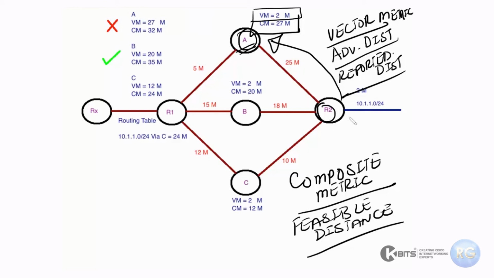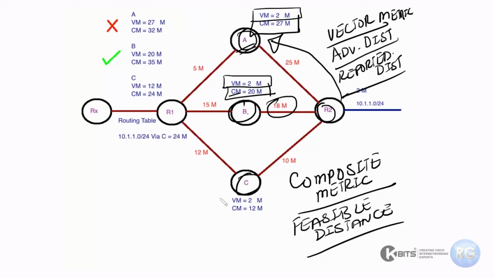Now similarly, R2 sent 10.1.1.0 to whom? B. B took it, the vector metric, the advertised distance, reported distance, whatever you want to call it, is 2, which is R2's distance. But then B has a cost of 18 million to get to R2. So it puts a composite metric at 20 million, 2 plus 18.